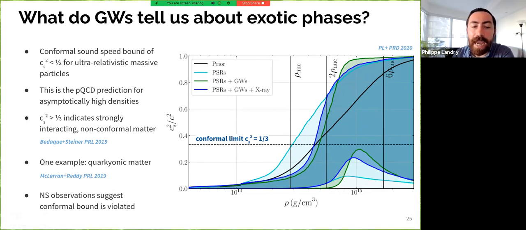So neutron star observations to date suggest that this conformal bound is violated, although it need not be the case. The probability is that it is, and this would indicate the presence of some unusual phase of matter that's not just pure hadrons.